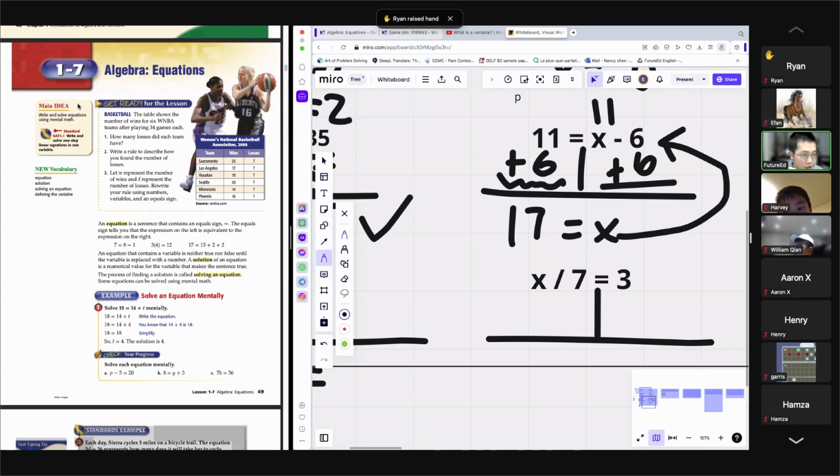Are you typing in the chat, Jivan? Okay, iPad already has the answer, 21. And that's pretty fast. Can you tell me how you got your solution, iPad?